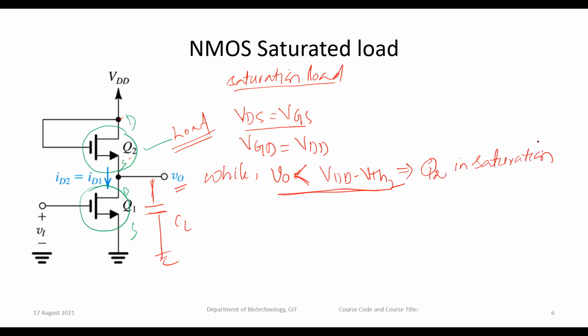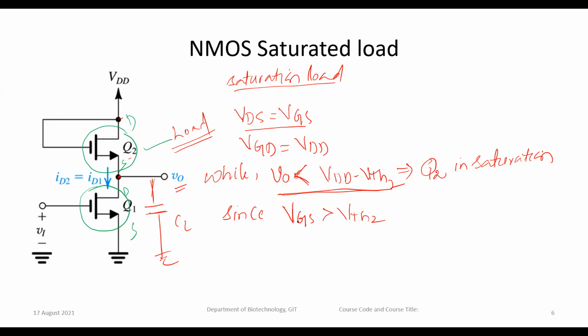Suppose this condition is not satisfied, then the device will come out of saturation. Since VGS, the gate to source voltage, is greater than VTH2 in this condition, and the gate to source voltage is this V naught, which is less than VDD minus VTH, the same voltage is reflected to the gate also.